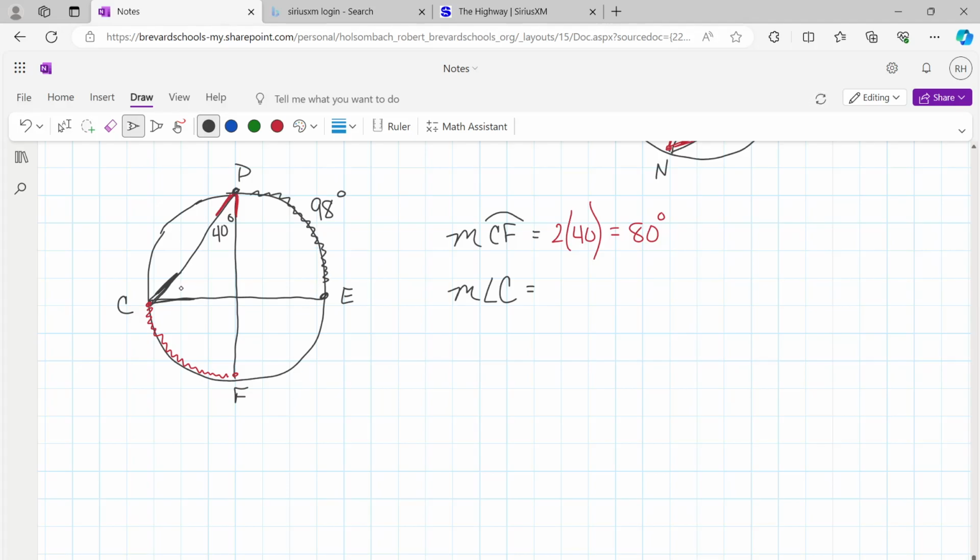So if we need the inscribed angle and we know its arc, we take 1/2 of the 98, and we just divide it by 2. And 98 divided by 2 is 49. So angle C in here is 49 degrees.